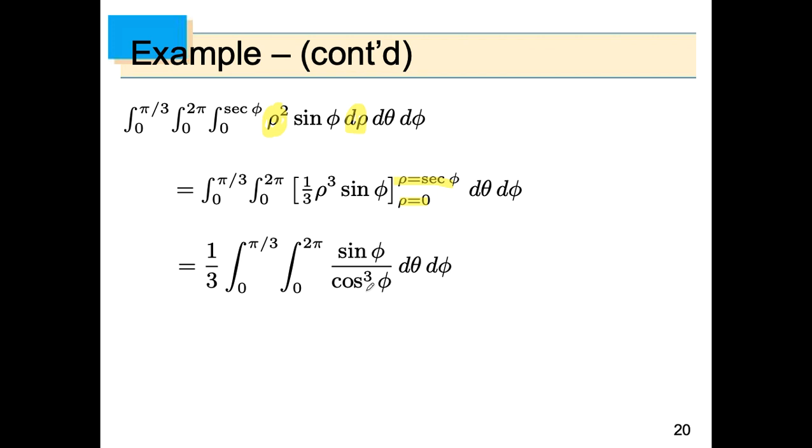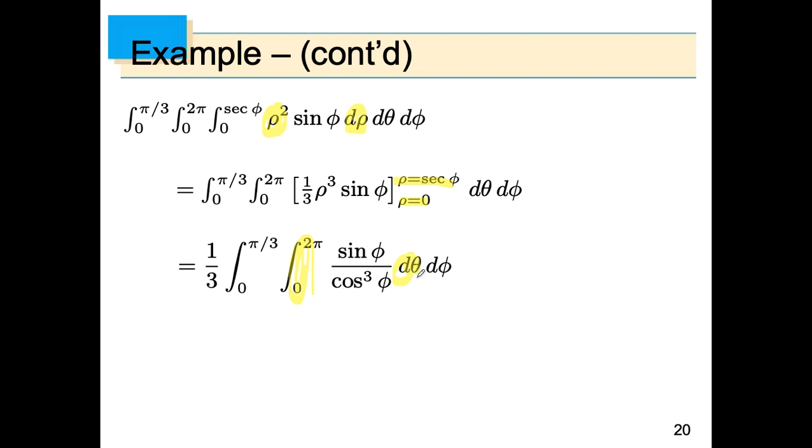And then at this point, what I'd recommend you do is two things. One, notice that the differential of theta is next, which means it corresponds to this integration here. And notice that I am integrating something that is not explicitly in terms of theta. So that means I can just go ahead and take this out of the equation.